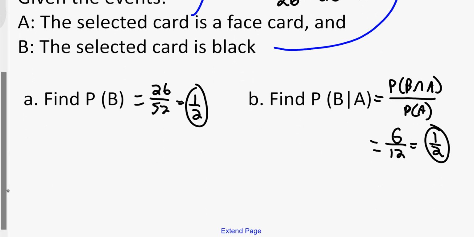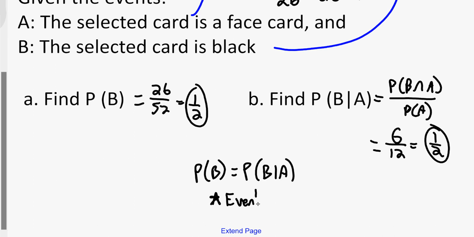The probability of B given not A would still be the same. So because these are the same, we can say that events A and B are independent. The probabilities do not change based on something else occurring. Okay?